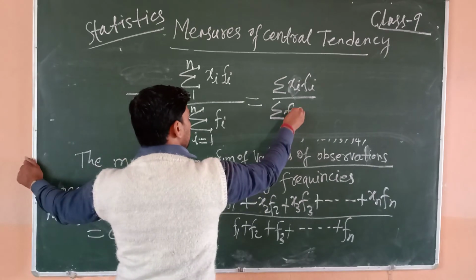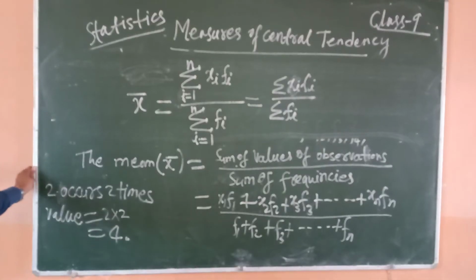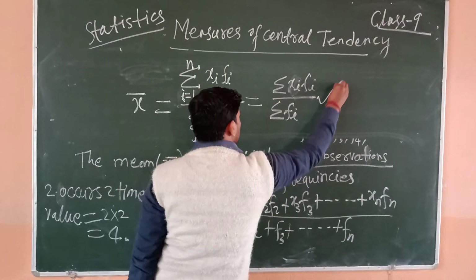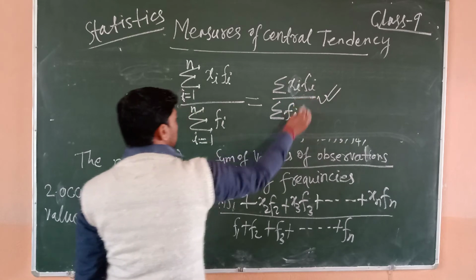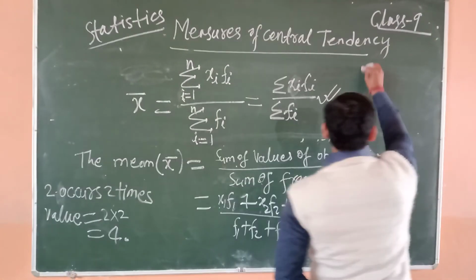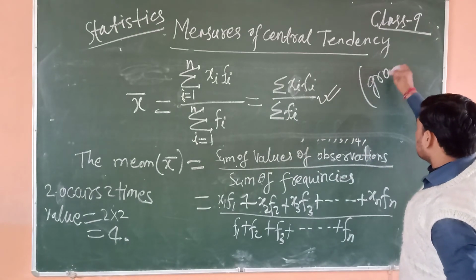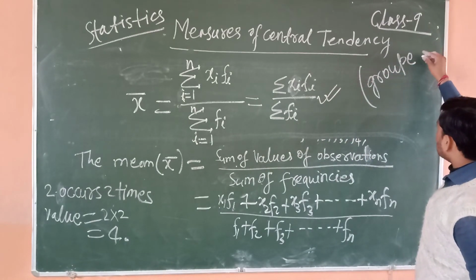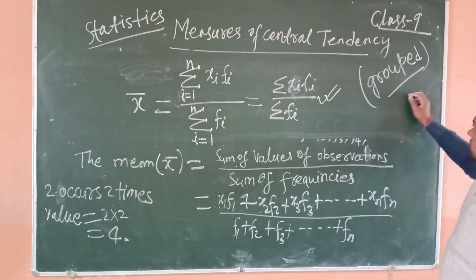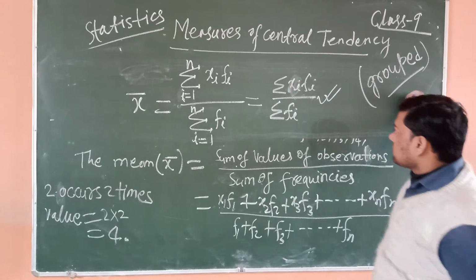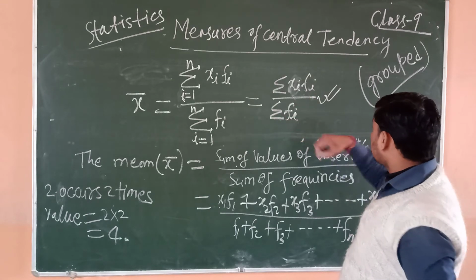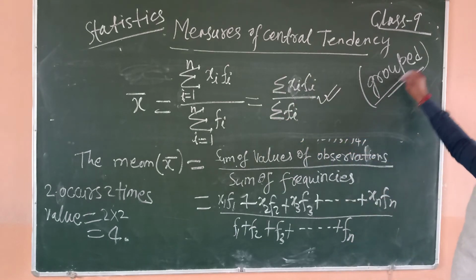Like this, simply we can write sigma fi xi upon sigma fi. This formula is used for finding the mean of grouped data also. For both types of data, grouped data and ungrouped data, we can use this formula sigma fi xi upon sigma fi if frequencies are given.